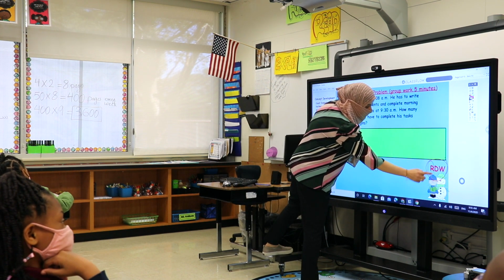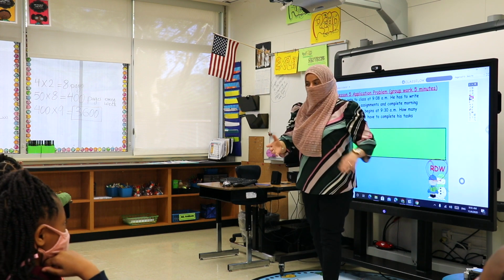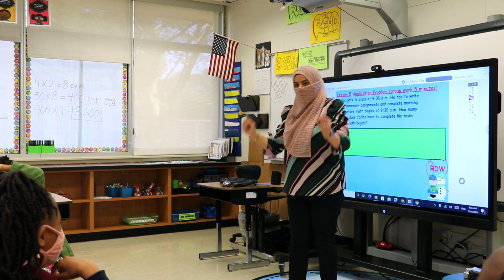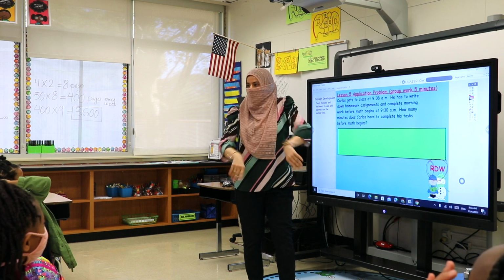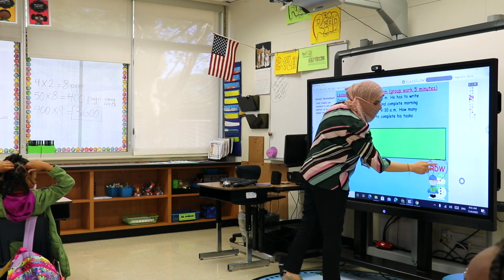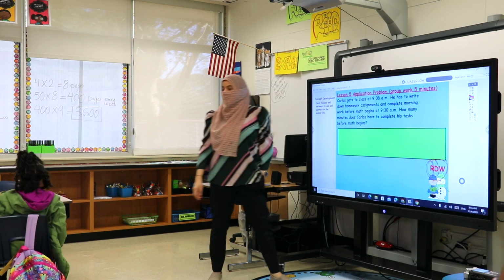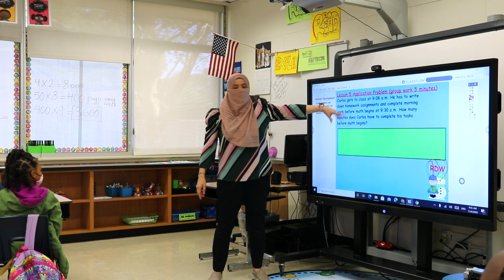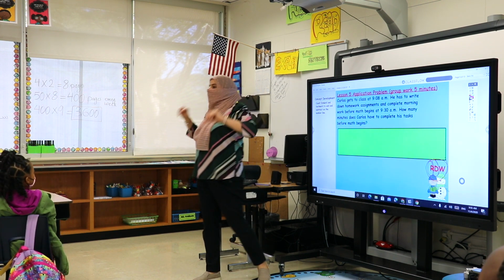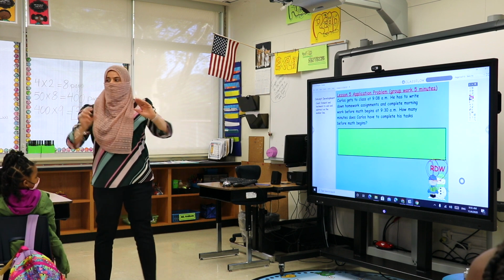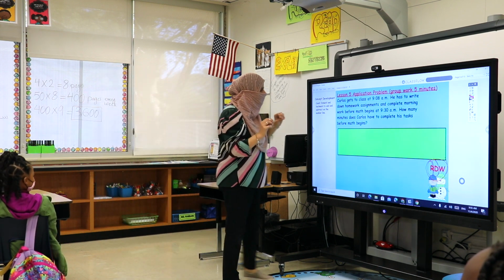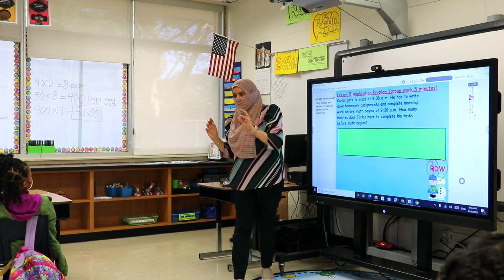Now, while I'm reading the second or the third time, what do I do? Chunk it and model it. We stop, chunk, model. And that's when we draw our model, right? When we are solving a problem related to time, what model do we usually use? A model is a drawing.